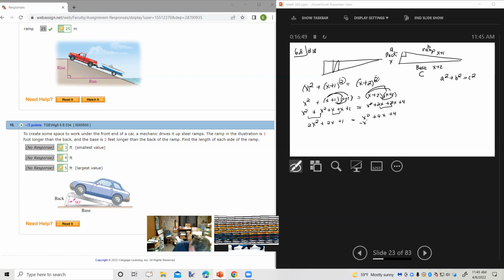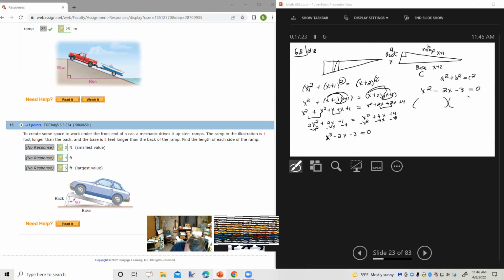So I'm going to subtract x squared from both sides, subtract 4x from both sides, and subtract 4 from both sides. 2x squared minus x squared is 1x squared. 2x minus 4x is minus 2x, and 1 minus 4 is minus 3. So now my second degree equation in standard form looks like that. Tell you what, I'm going to rewrite that over here where I have more room to work.